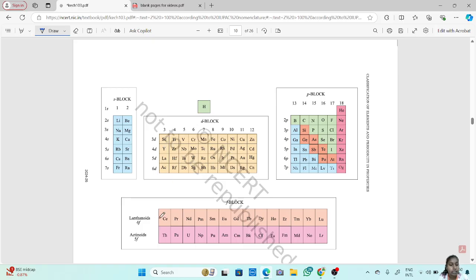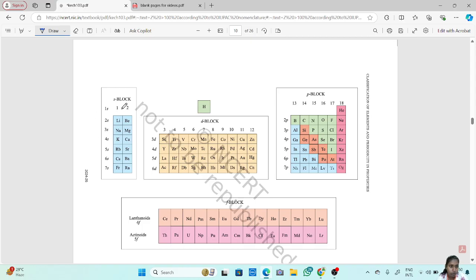And the F block, this is where the 4f and 5f orbitals start being filled up in these elements.